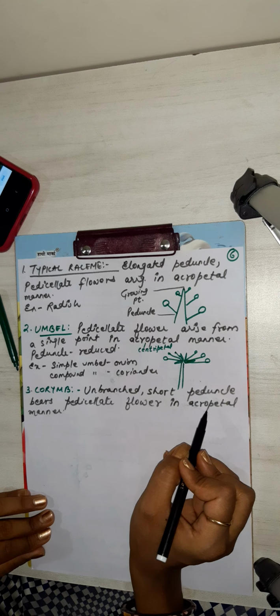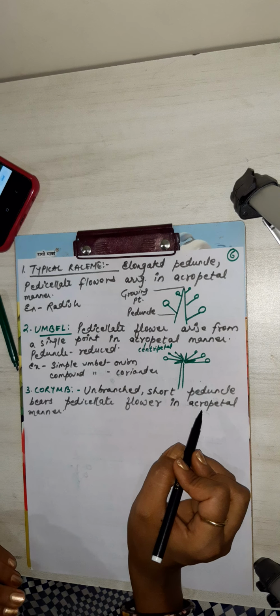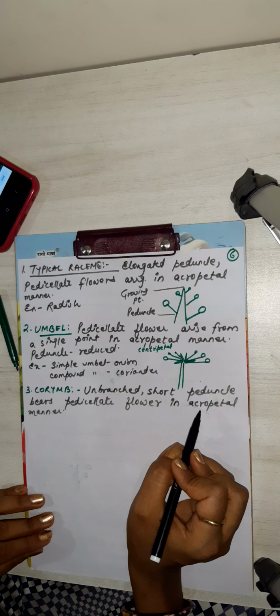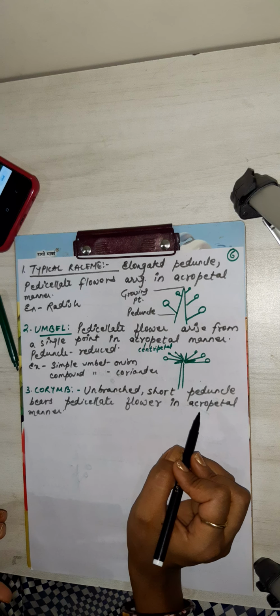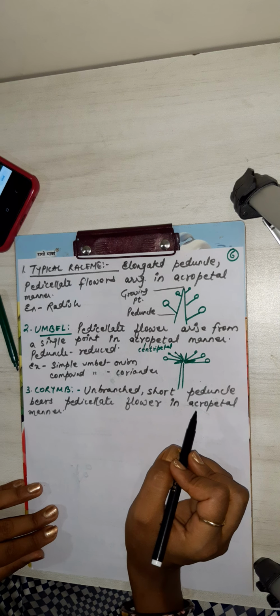Acropetal means, I have told you, older will be at the lower and younger will be at the top. But pedicels are long. In this case, pedicels of the lower flowers are longer.